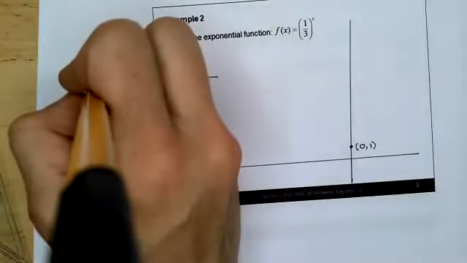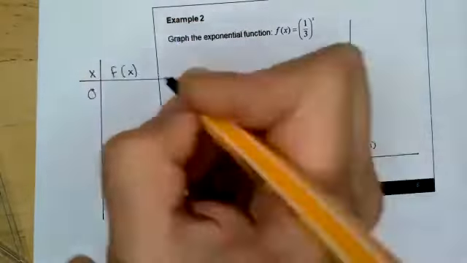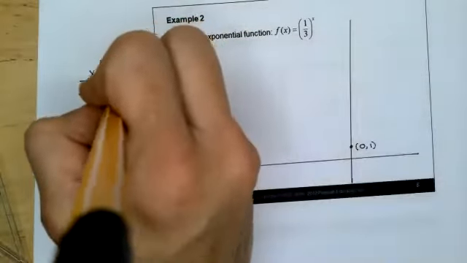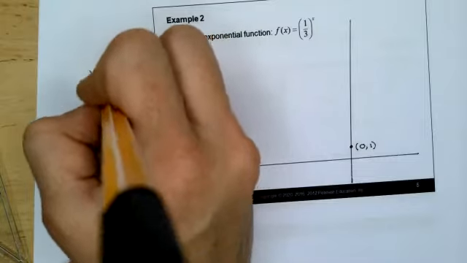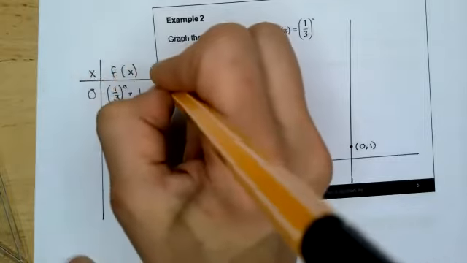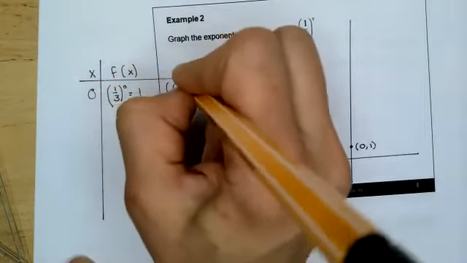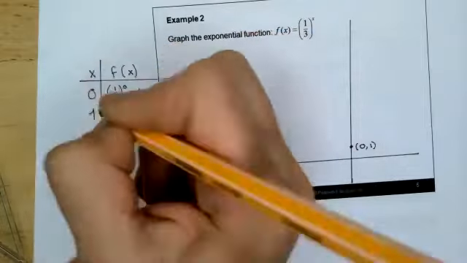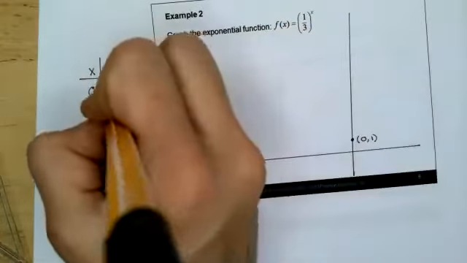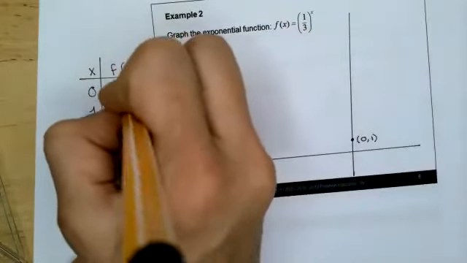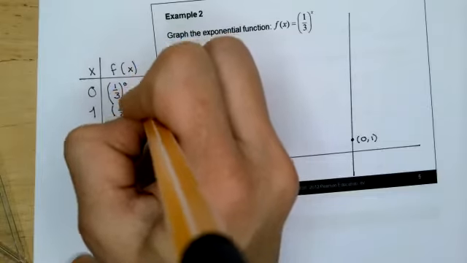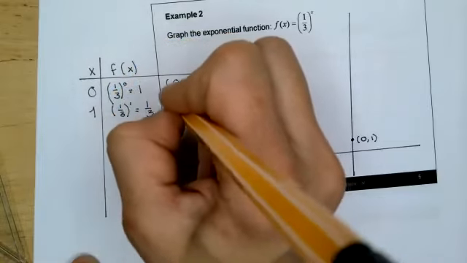So if x is 0, I know that f of x is going to be 1/3 to the power of 0. Even if it's a fraction, anything to the power of 0 is 1. So it's just the point (0, 1). If x is 1, taking 1/3 one time gives me 1/3 again.